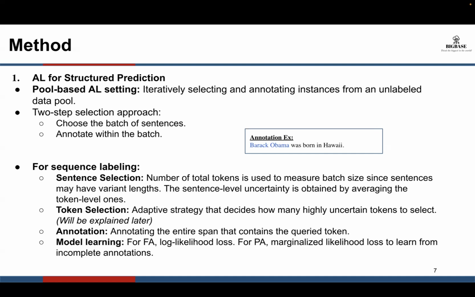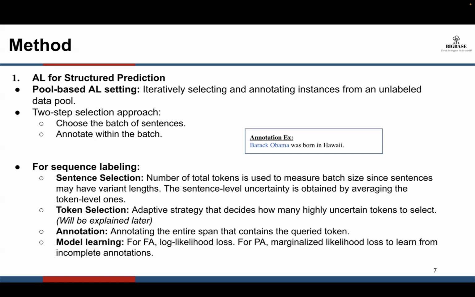Since if they chose the number of sentences for batch size, it could be a problem since sentences have variant lengths. So here they first set a number of total tokens, and they take this many tokens and the sentences that they are in. And then the sentence-level uncertainty is obtained by averaging the token-level ones. And then the most uncertain sentences are selected.